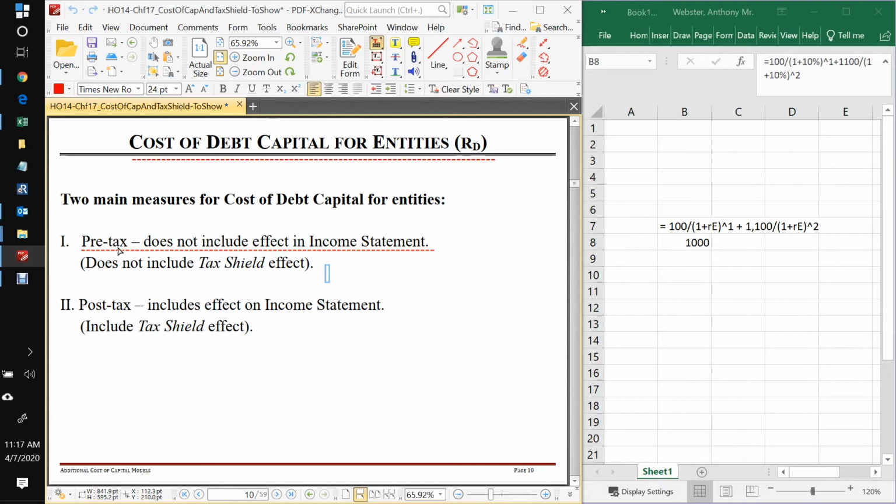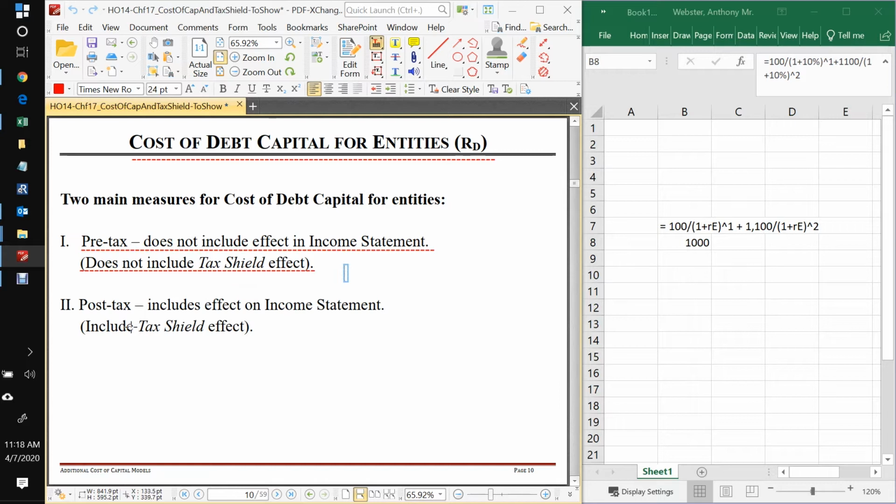If we're ever measuring cost of debt capital and the income statement is not involved, then that's a pre-tax measure. And what we're going to see when we get to the income statement is what's called a tax shield effect of using debt capital, which is going to reduce what the entity pays in taxes.